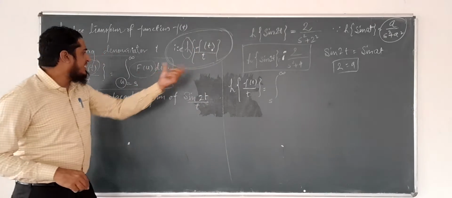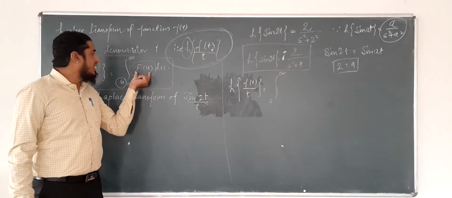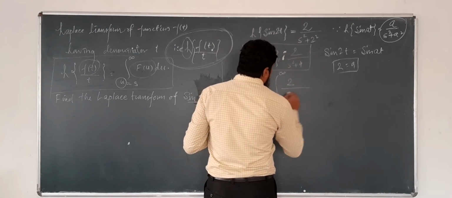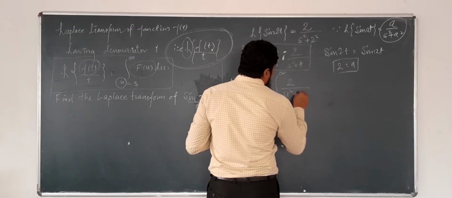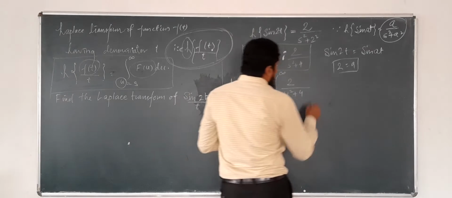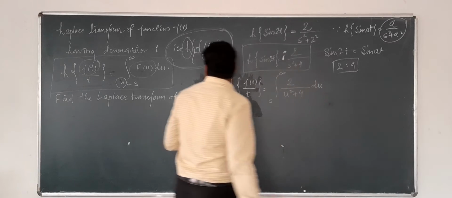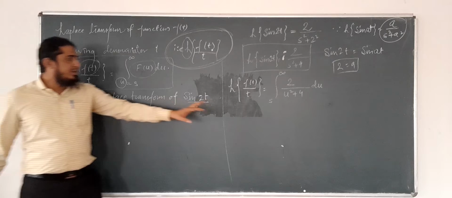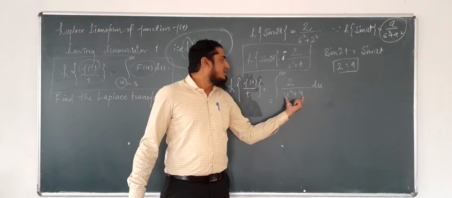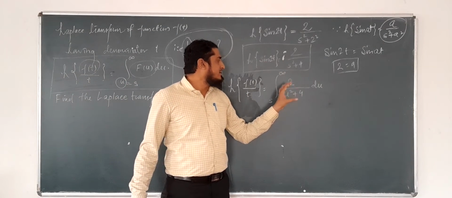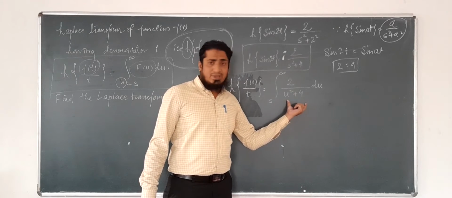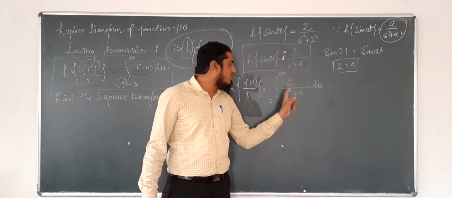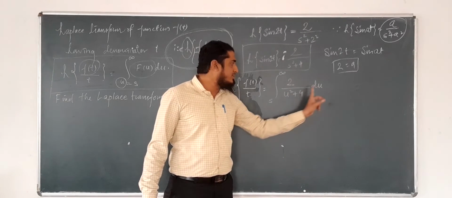Replace s by u, since we want F of u, so we get 2 upon u square plus 4 du. As per the statement of the theorem, we have converted this Laplace transform of f of t into the variable u, and we get the integration from s to infinity of 2 upon u square plus 4 du.